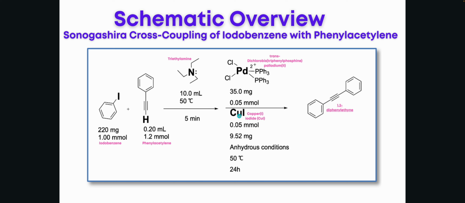Then we've got copper 1 iodide, and our product looks like this. I did write this name here, but the more commonly referred to name is diphenylacetylene. I'll repeat, diphenylacetylene. That would be more commonly used, and I would prefer you using that name.